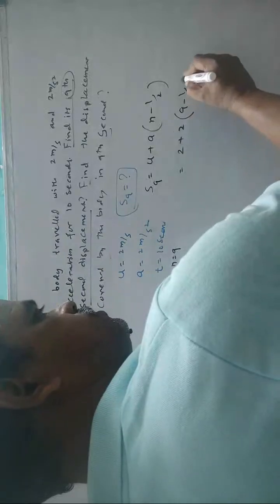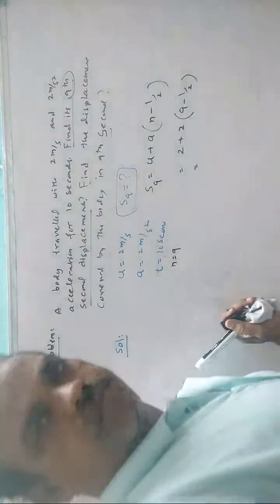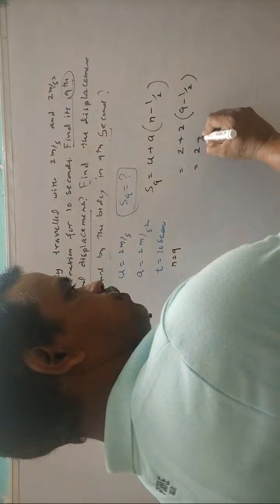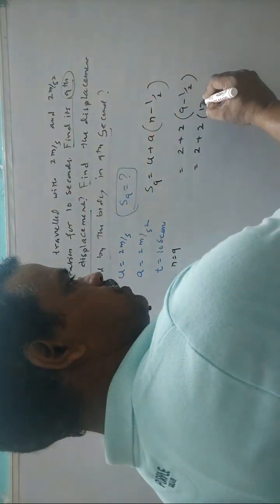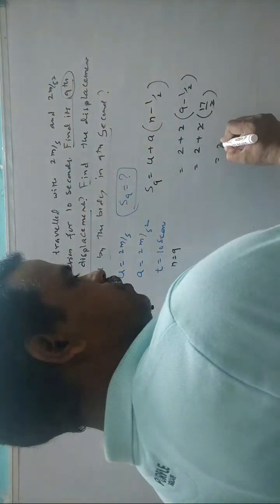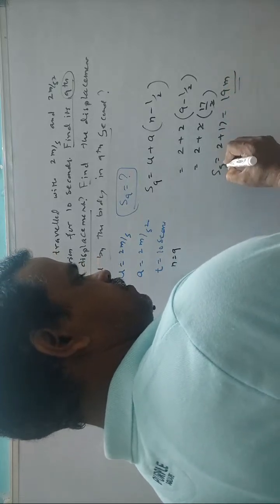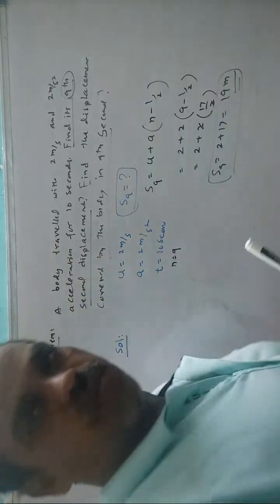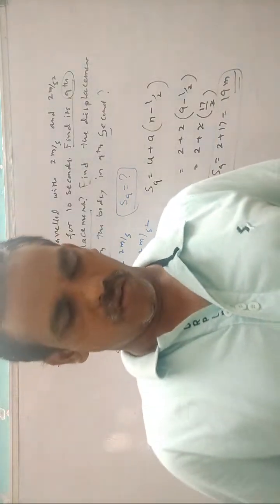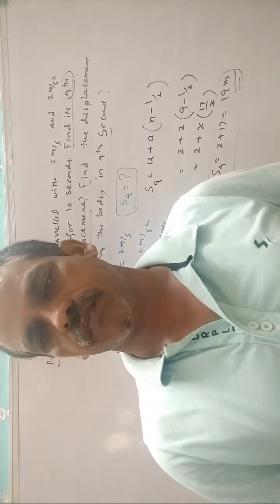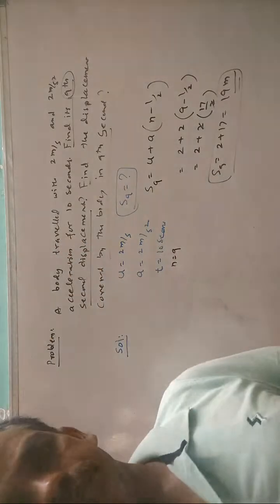9 minus half. Is it clear? 2 plus 2 into 17 by 2. 2 plus 17, 19 meter. 19 meter. Is it right or not? Just check it.